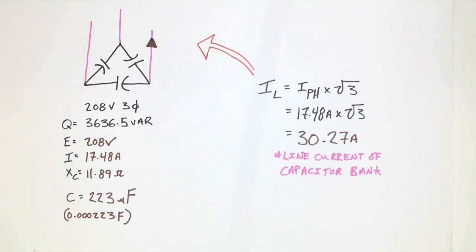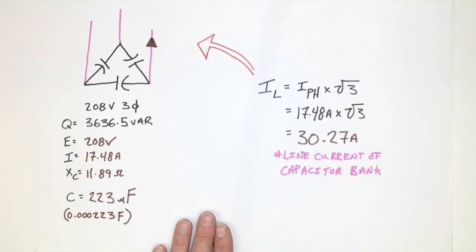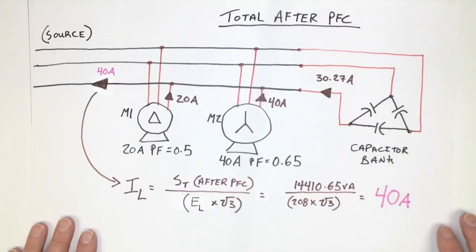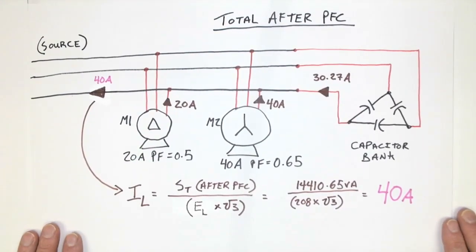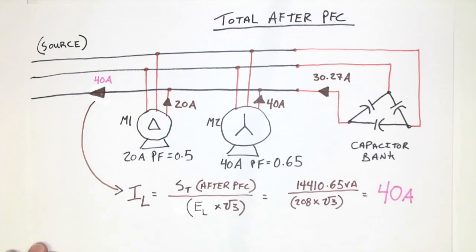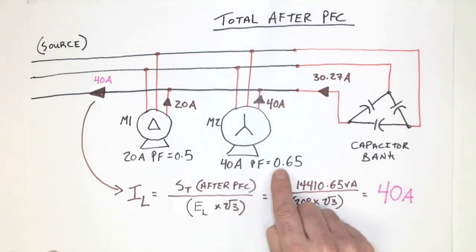All right, so now everything together, what does the new system look like? Well, the new system with the capacitive bank installed will look like this. We've got our original 2 motors that still operate at poor power factors, 0.5 and 0.65.